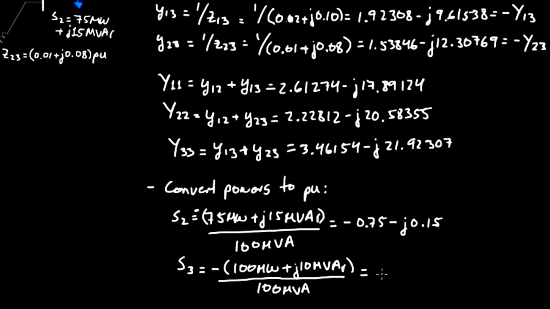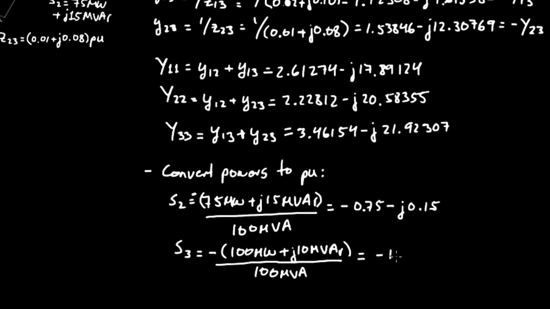So that's of course going to be equal to minus 1.00 minus j0.10. And I'm going to round these powers to 2 decimal places like I did over here. There's no need to be more detailed than that, of course. Alright, so we've converted everything to per unit.